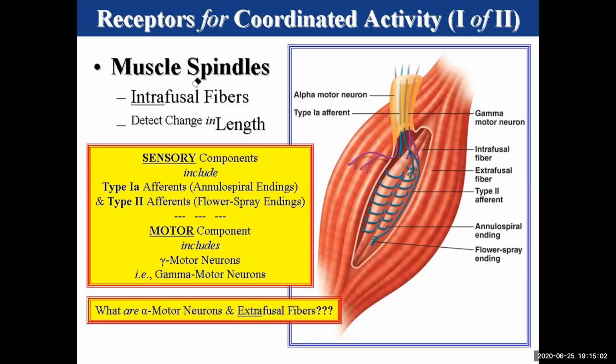The muscle spindle is located within the muscle itself. The next one is located in the tendon, which is also part of the skeletal muscle. The tendon is attaching the skeletal muscle to a bone. We call it a tendon. On the next slide.